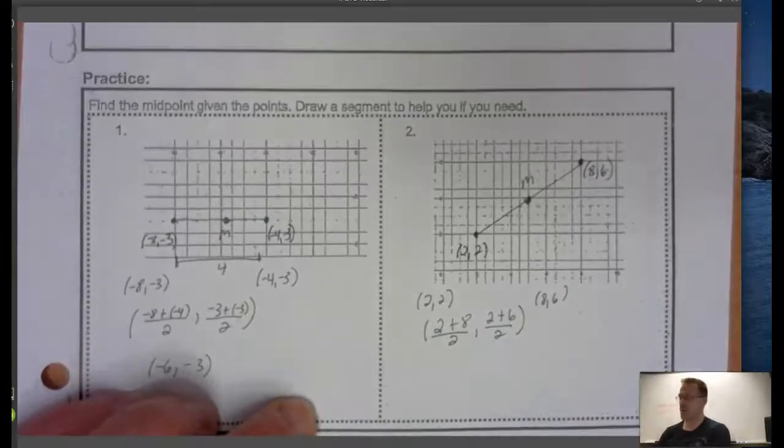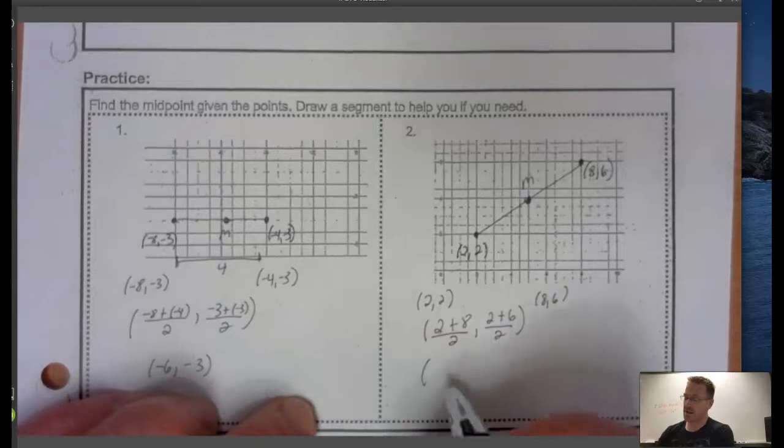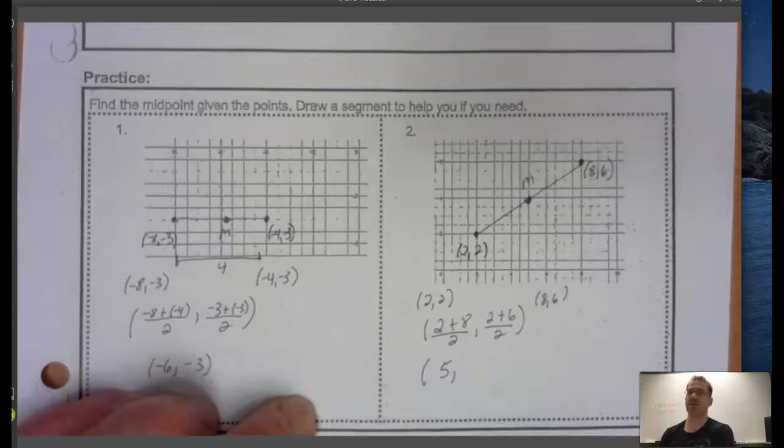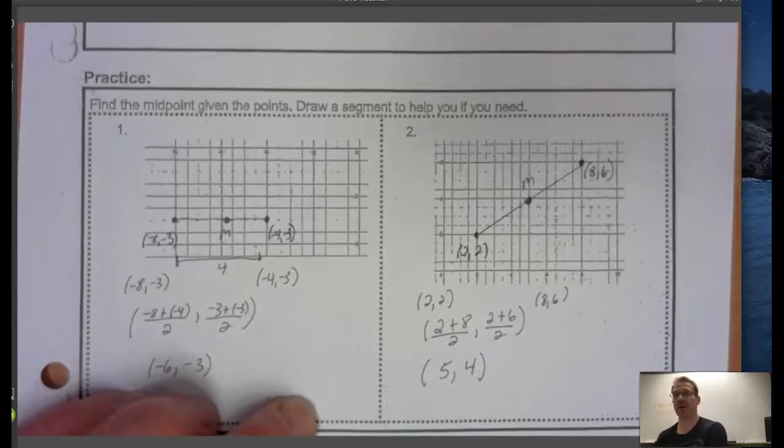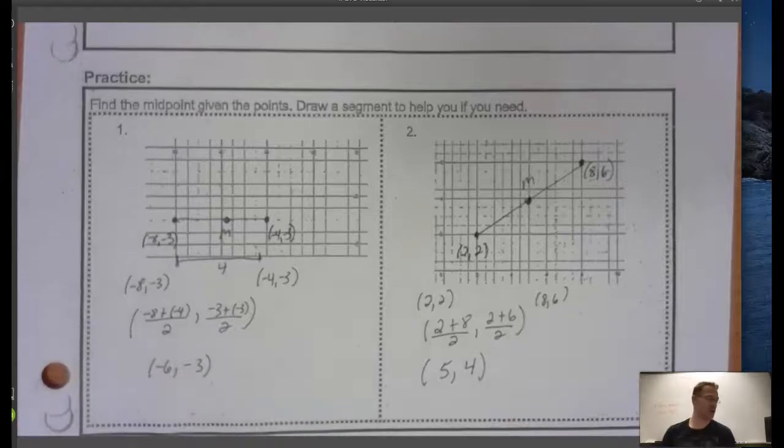So 2 plus 8 is 10, 10 divided by 2 is 5. 2 plus 6 is 8, 8 divided by 2 is 4. So my midpoint is (5, 4). And that's all you have to do to find your midpoint.